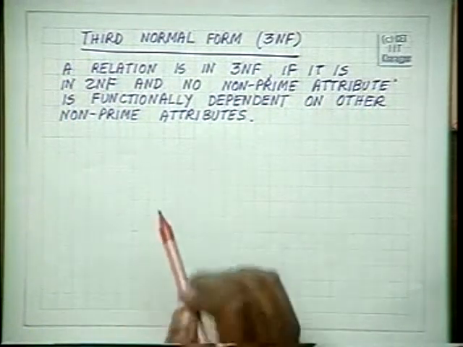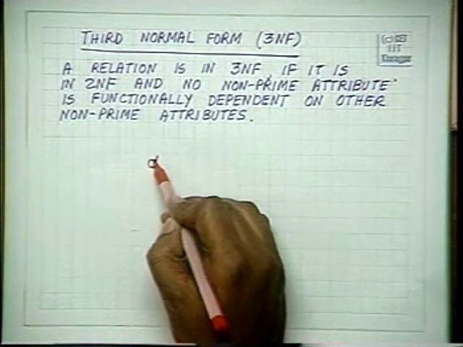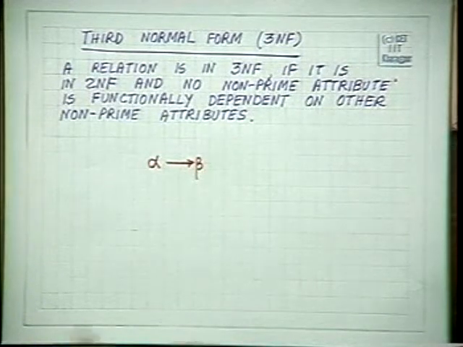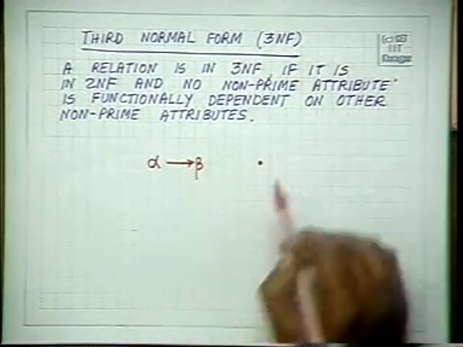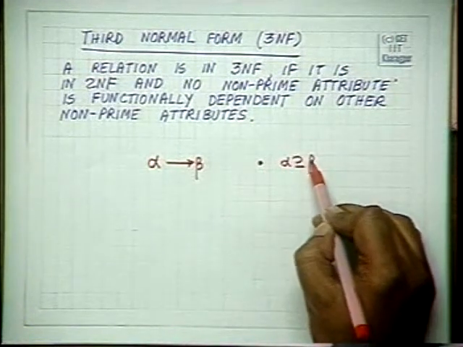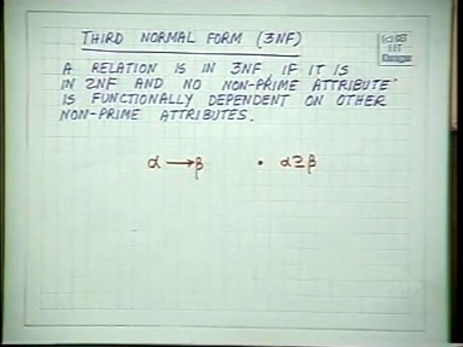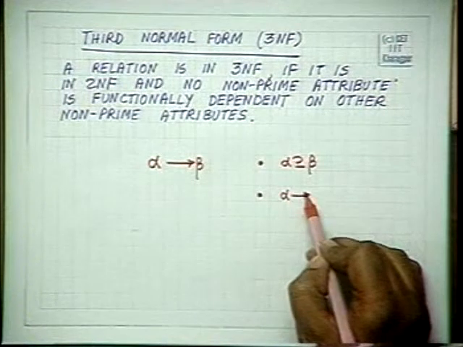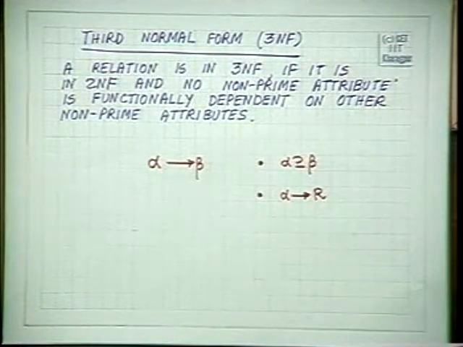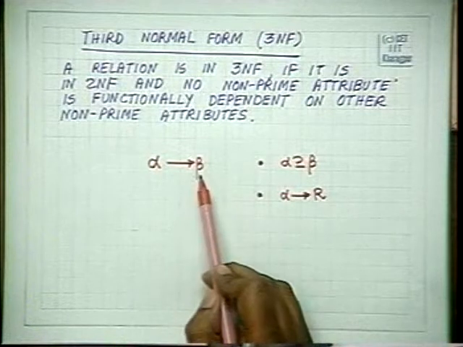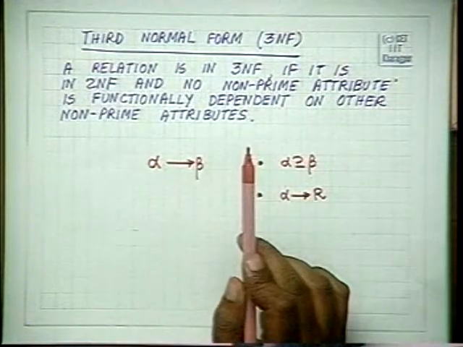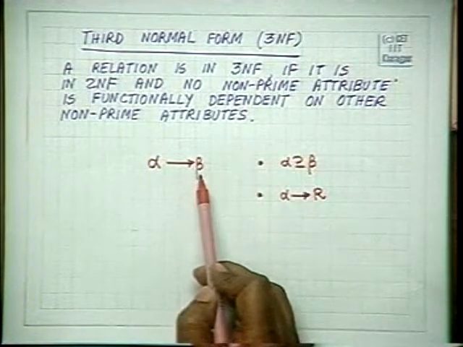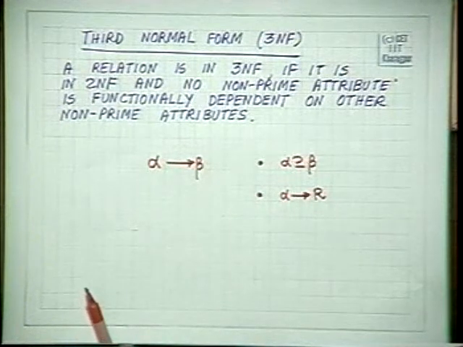That means that if you take alpha to beta, then in second normal form either alpha is a superset of beta, this will hold, or alpha may give R. Even then, if alpha gives all of the relations, then obviously beta is fully functionally dependent on alpha.